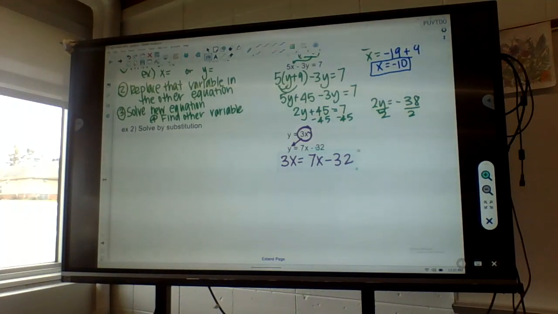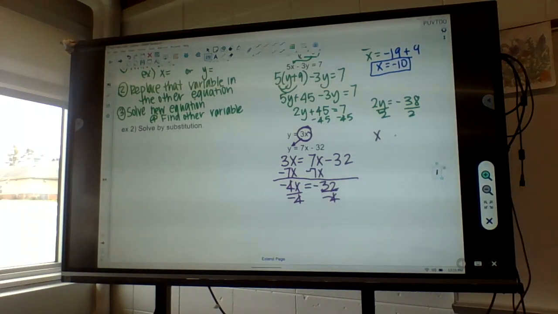So we need to solve for our x. So I would move the 7x over by the 3x. I never like leaving one side empty, so I'm going to move this over. And so then we're going to divide.